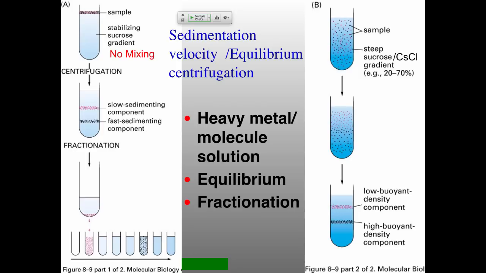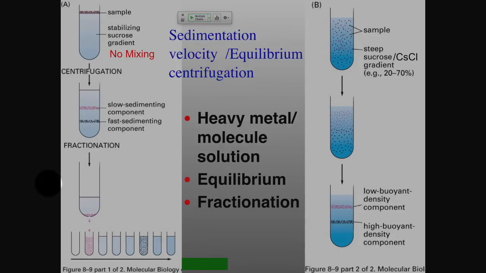Again, it gives you size. Another technique which also uses centrifugation is what's called equilibrium centrifugation. And we'll look at this. This is the most beautiful experiment in biology, at least some people have called it that. Equilibrium centrifugation depends on having a gradient of usually cesium chloride in a particular sample.